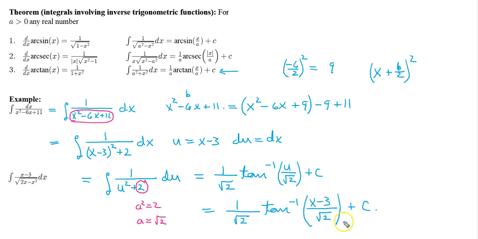And there we go. So that is our antiderivative for 1 over x squared minus 6x plus 11.